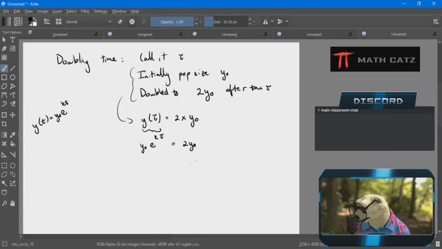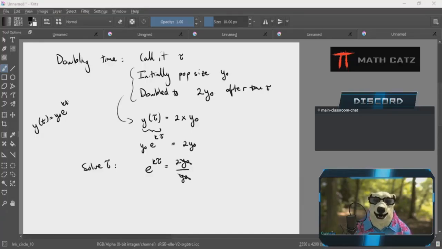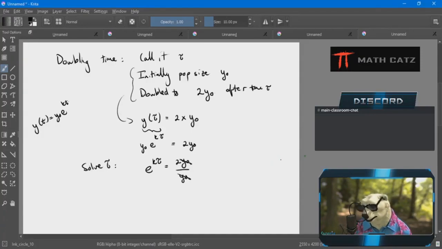Now solving for tau in this equation, I divide both sides by y0, so e to the k tau is 2 times y0 over y0, and the actual y0 value didn't matter. It didn't matter if it was 500 or 10,000 or anything. I just get a 2.